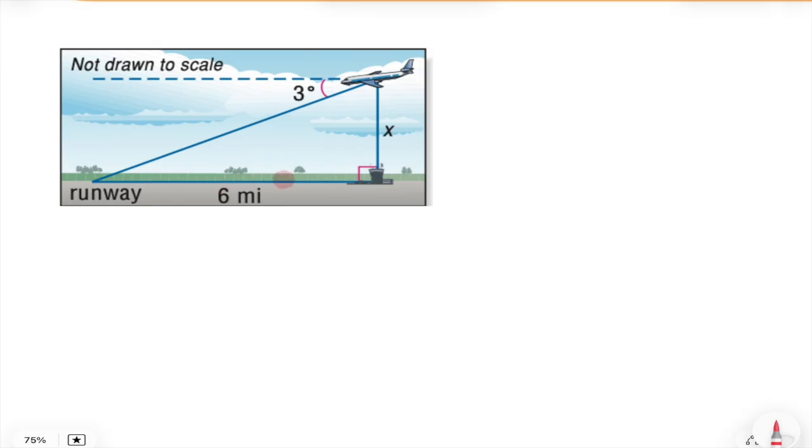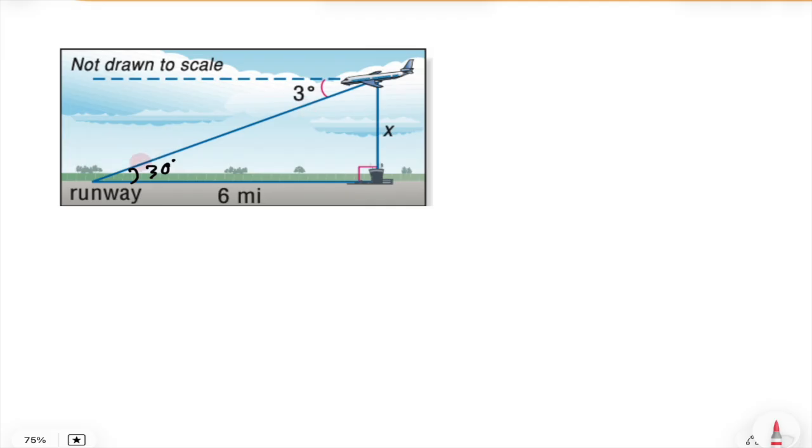Okay, and if the two lines are parallel and the connecting diagonal is here, then this angle is also 3 degrees. It is called an alternate angle. The connecting line connects these two parallel lines.